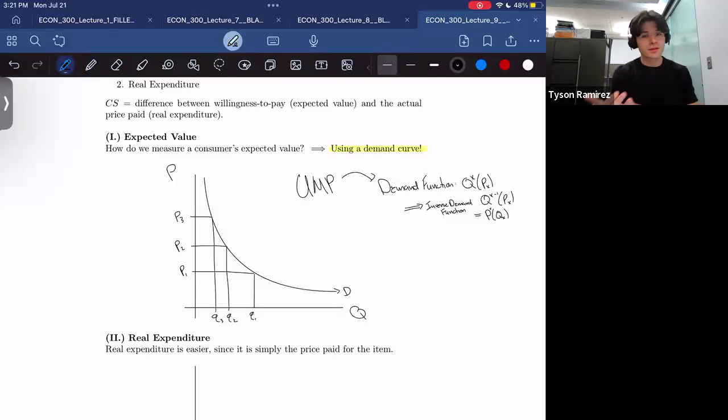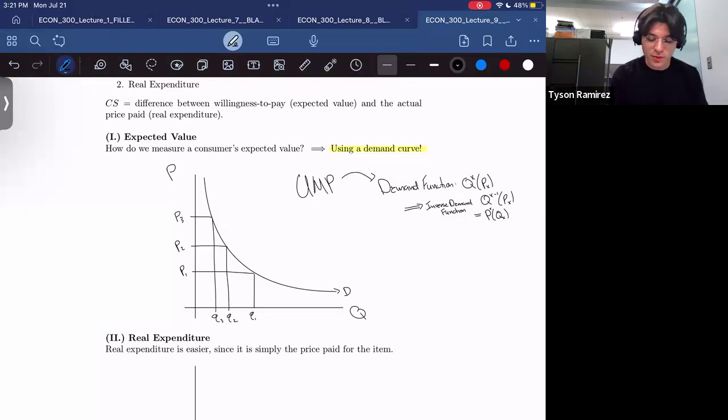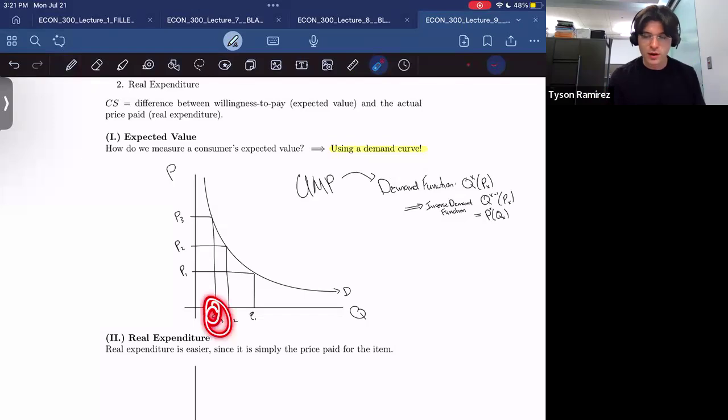If there's only Q3 amount of things available, then this consumer is willing to pay this much for it. But if there's a whole lot more available, then we're going to be willing to pay a lot less because it's more plentiful, there's a lot more to go around.